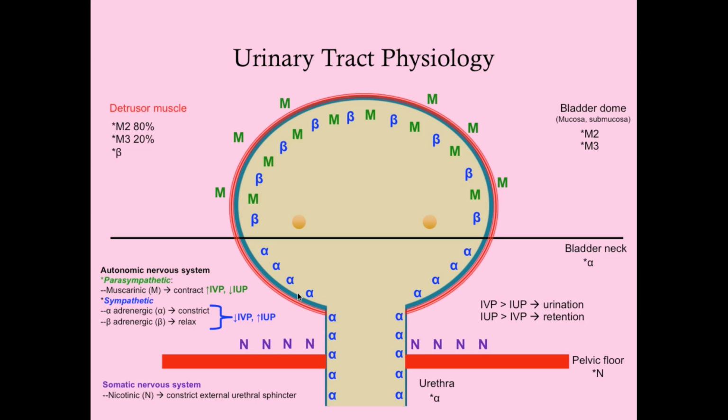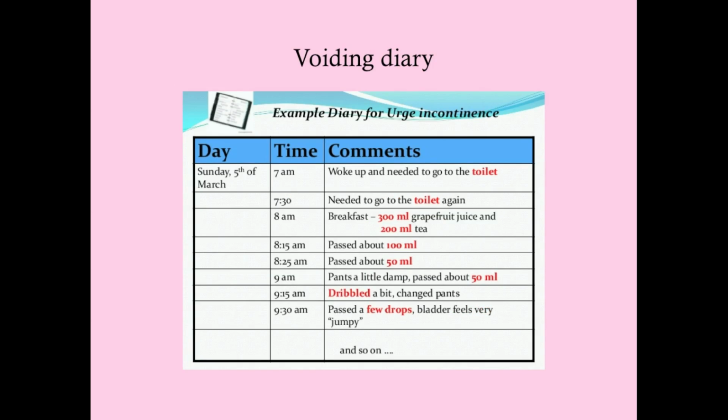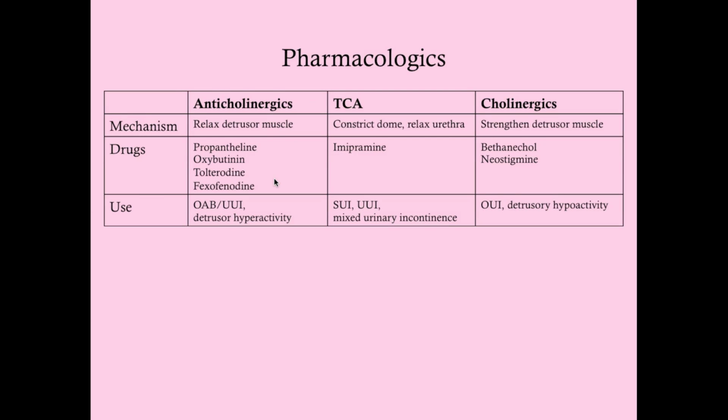In other words, that would essentially relax the urethra, meaning that you would be less continent. And indeed, phenoxybenzamine and prazosin, one of the adverse effects is urinary incontinence. Okay, so just understanding this physiology gives you an idea of what some of the adverse effects of various drugs may be.